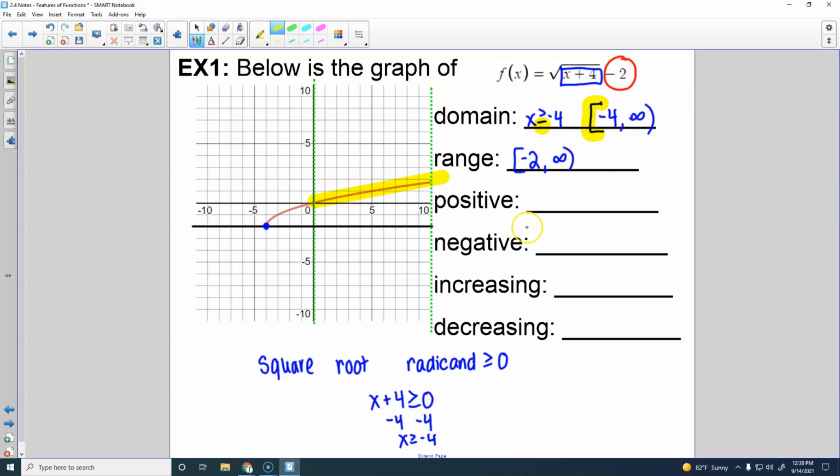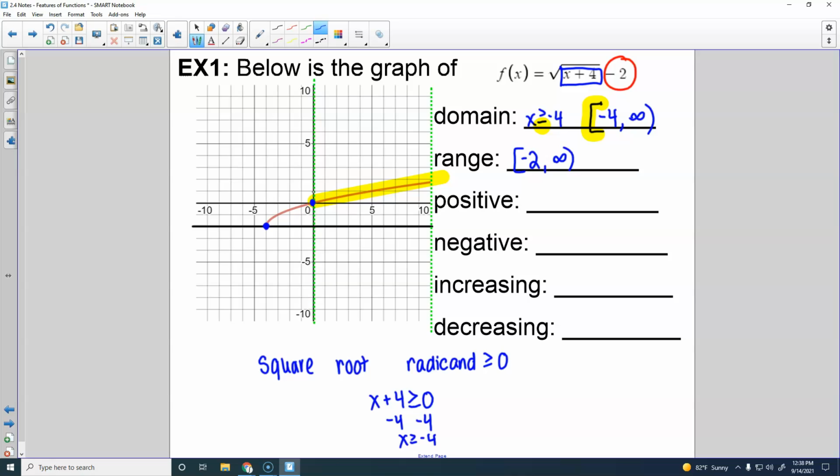Should I use a bracket or parentheses for positive? It can be that number right there, right? But what is the value of the function right there? Like, what's your y coordinate? What's your y value? It's 0. Is 0 positive?